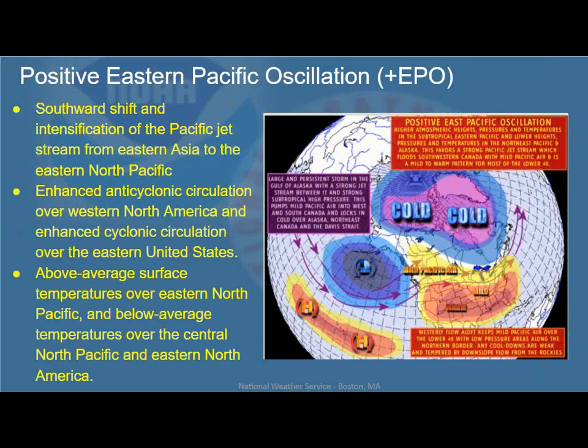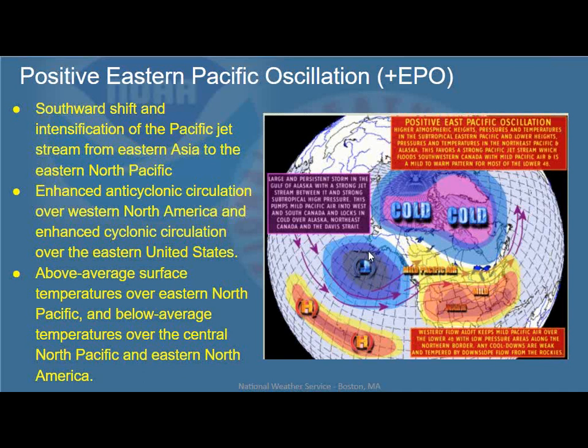So in the positive EPO, it tends to favor a greater influx of the milder Pacific air. So in this case, you kind of cut off the intrusion of the really cold northern Canadian air, and that's really because there's a low pressure system just west of the West Coast.